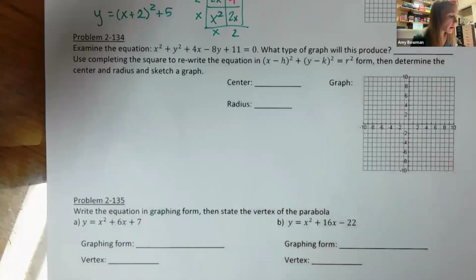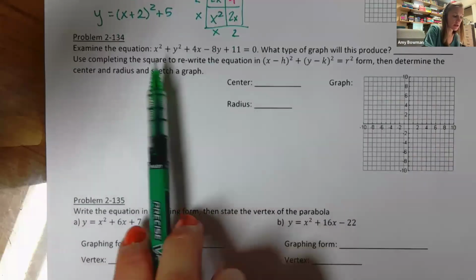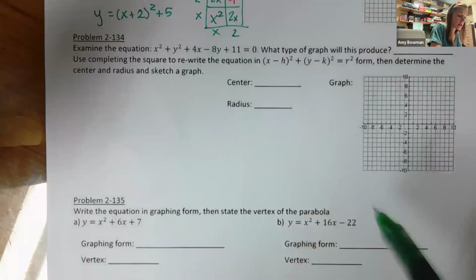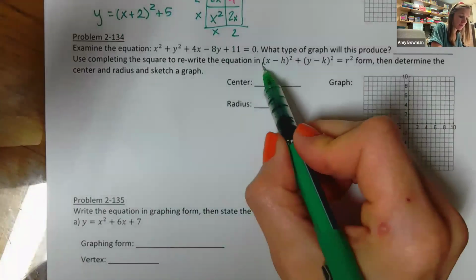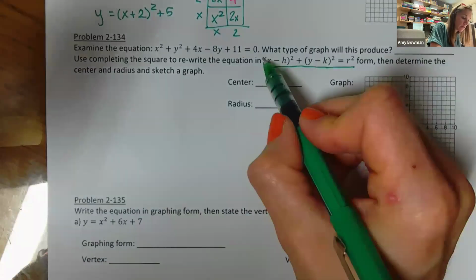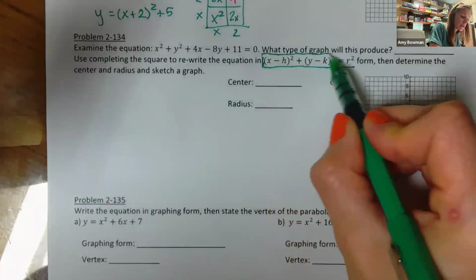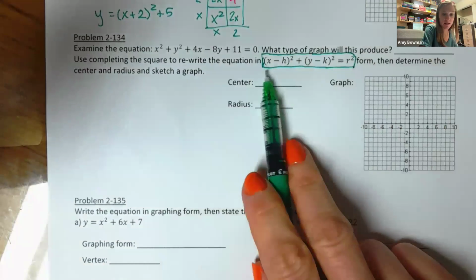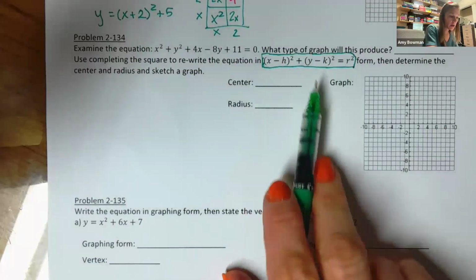What type of graph will this produce? I don't expect you to actually look at that and know it. However, this should look a little familiar to you from the last lesson that we did of transforming non-functions, and we found that this is the equation of a circle.